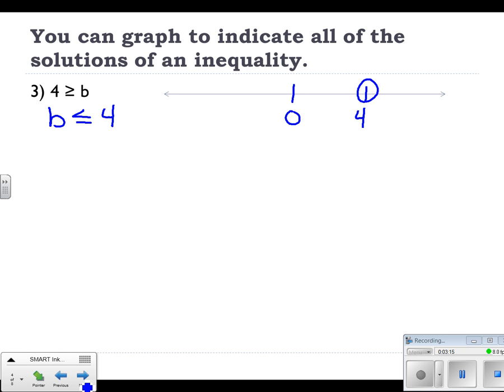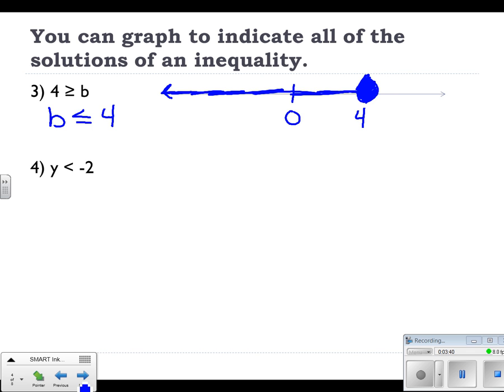So the circle at 4, we're going to shade in. The reason why we shade it in here is because 4 is a solution. And anything less than 4, so we shade to the left, all the way to the arrow, and we shade that arrow as well to show that it goes on forever.